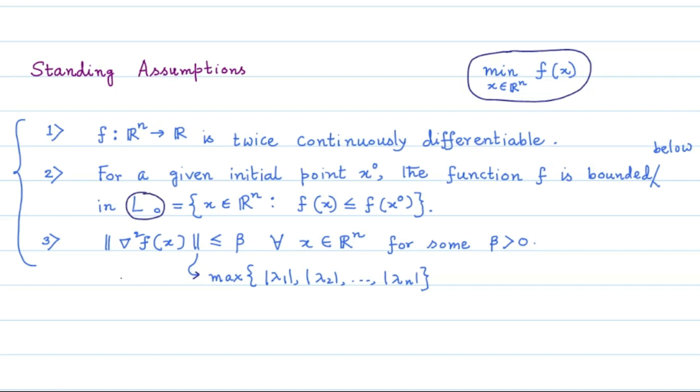The third is that the Hessian of the objective function is uniformly bounded by a constant beta with respect to a matrix norm. These three assumptions are not only required for the description of the trust region methods, but also they are required in realizing global convergence of trust region methods.